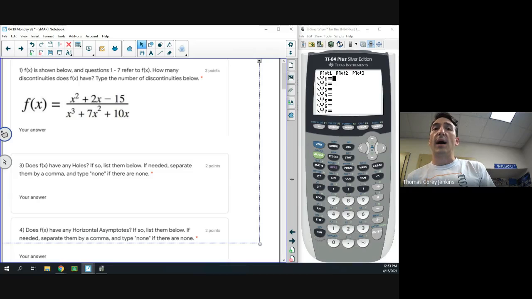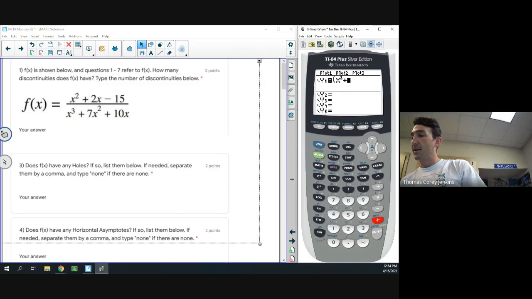Okay. So number one, f of x is shown. We want to type the number of discontinuities. We can tell that by working on our graphing calculator. I'm going to type the function in just like I see it: (x squared plus 2x minus 15), close parentheses.